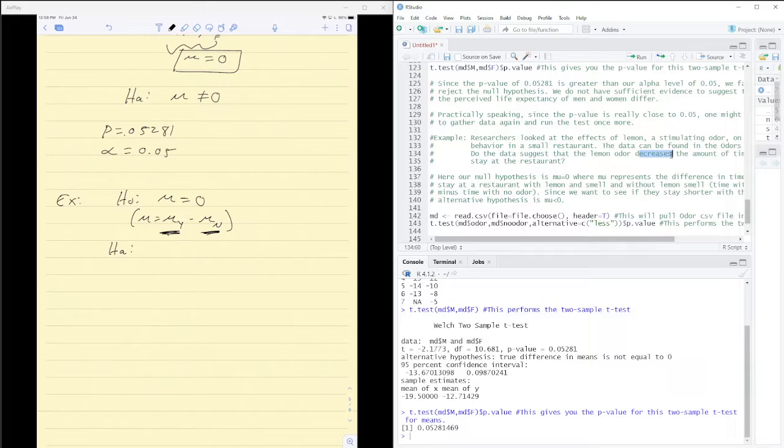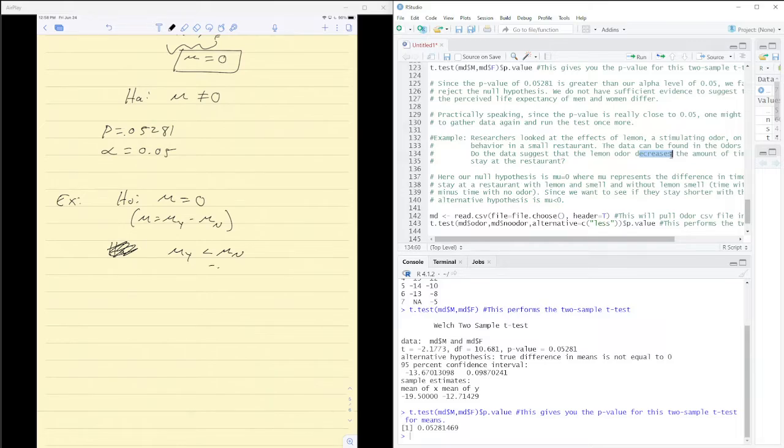So what this means is if this is smaller than this, then this minus this is going to be less than 0. Just to show that, again, we want to see if the time with lemon is less than the time without lemon, right?